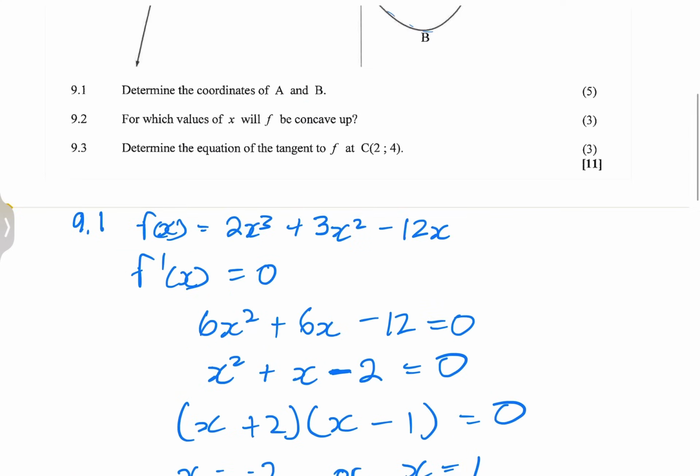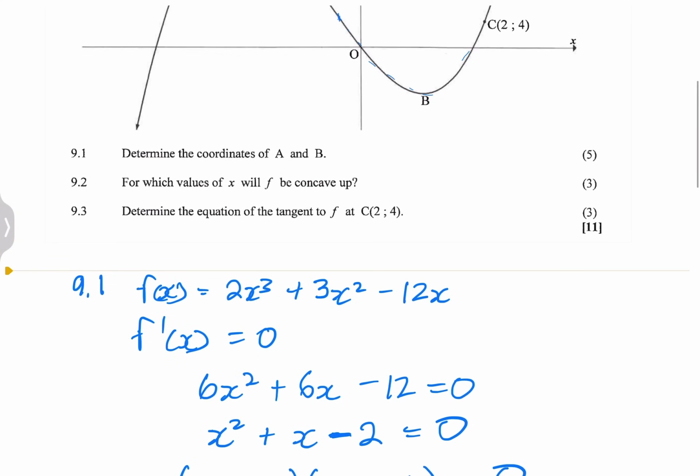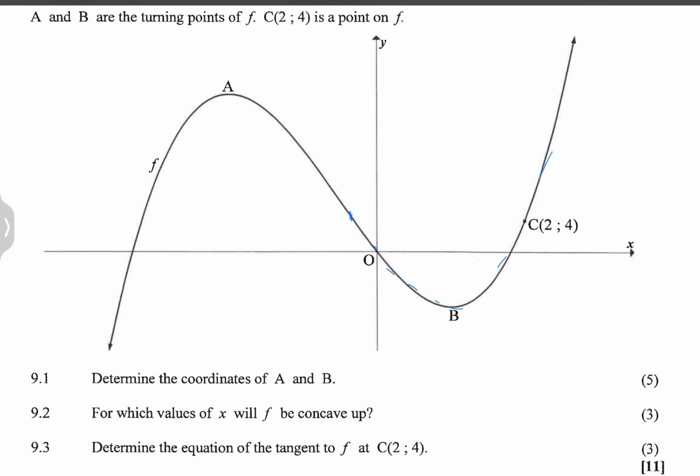For the last question in this section, they say determine the equation of the tangent of f at c, which is 2 and 4. Please remember, when you find the equation of the tangent, first of all, what must I do? I must find out what the gradient of that tangent is.